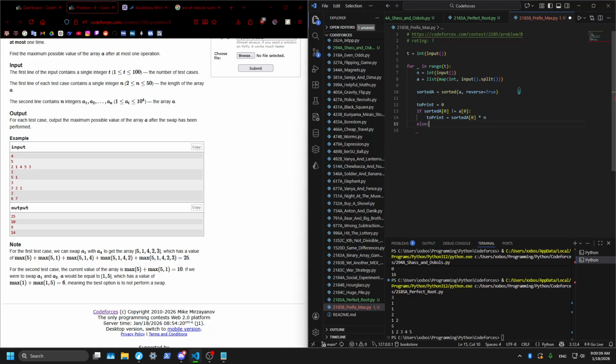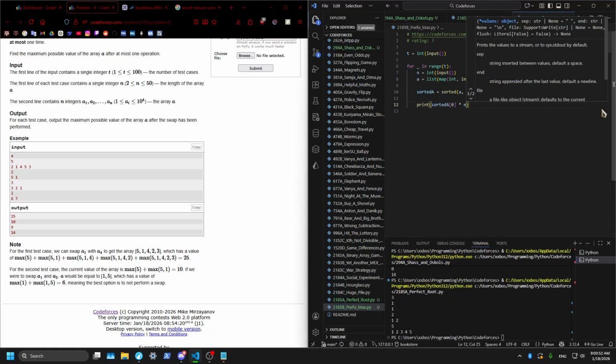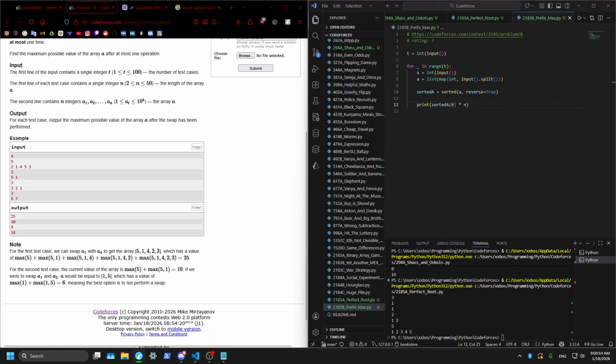Well, it's always just this. Print. Right? Well, instead of using sorted now, we can just use max.